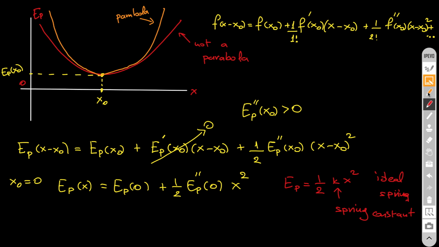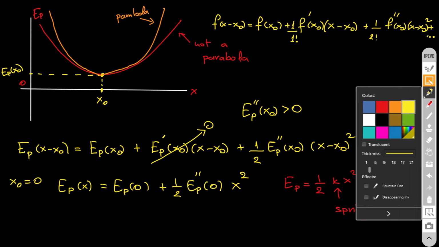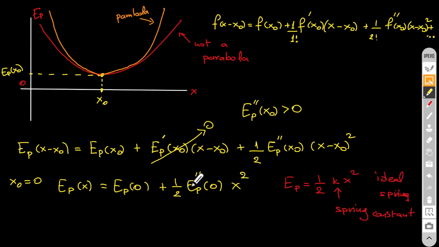Now, what the Taylor series is telling us here is that you can use a parabola to approximate the actual potential energy. So let me change that to approximate. Okay, it's not exactly equal. So this is my parabola, and this is the actual, the not parabola. This would be the red line.